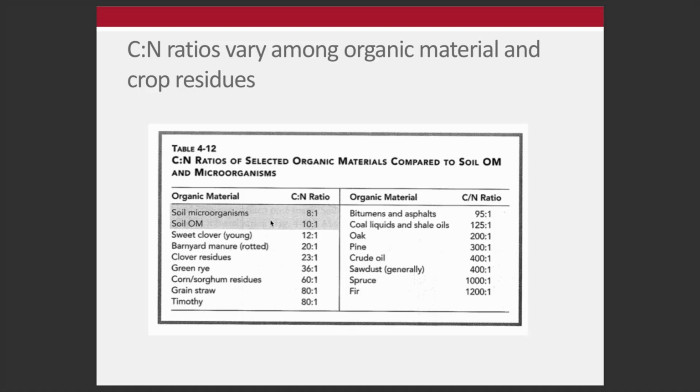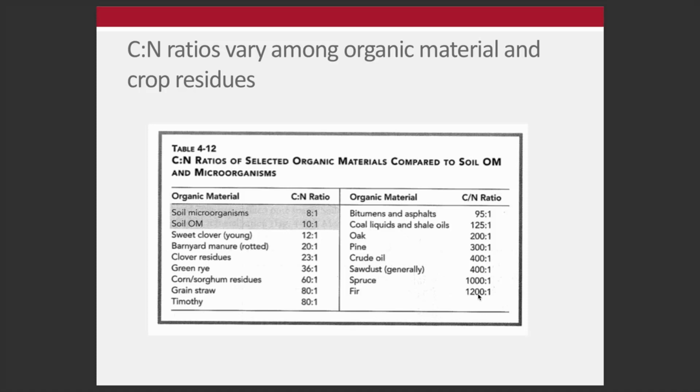So here are just some selected C to N ratios. We can see things like clovers: young clovers 12 to 1, clover residues 23 to 1. We get into grain straw or grasses at 60 to 80 to 1, and then going all the way up to oak tree sawdust at 400 to 1, and then spruce and fir, which are mostly just carbon, oxygen, and hydrogen.